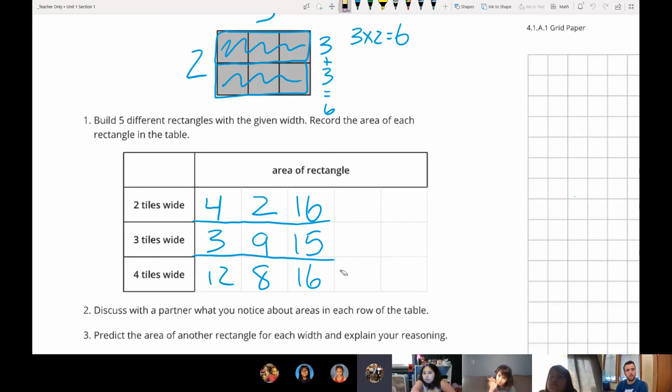So it's kind of like a multiply chart. Oh, a multiply chart? Okay, you're actually very close to what we're talking about today.